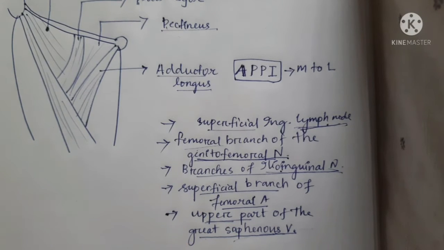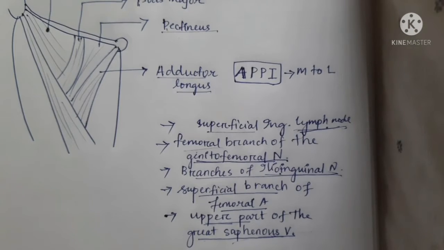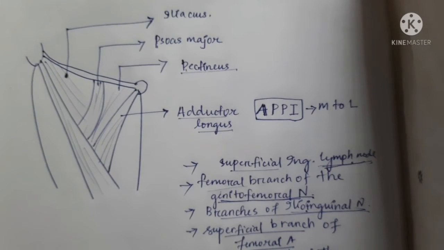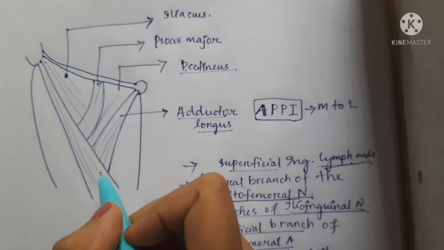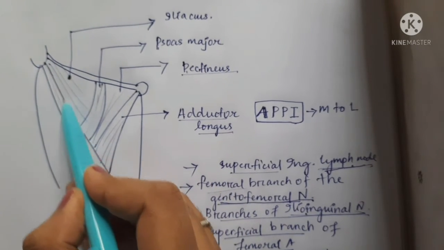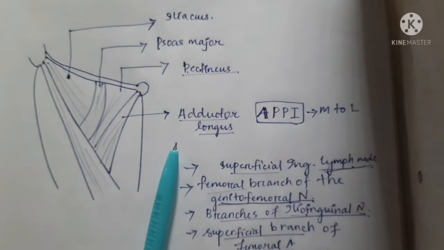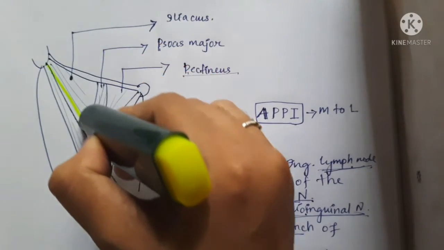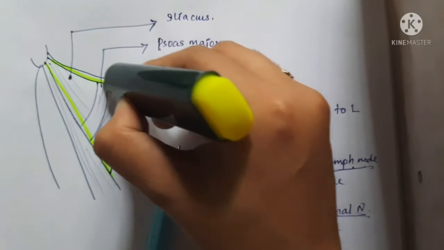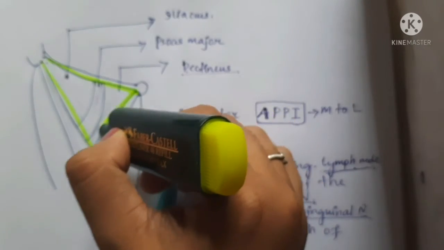Then the floor of the femoral triangle. To know more about the floor of the femoral triangle, we will look at this picture. Here it is the femoral triangle. I will highlight the triangle. It is the femoral triangle.